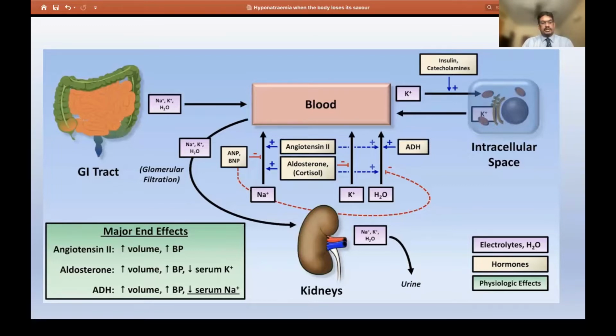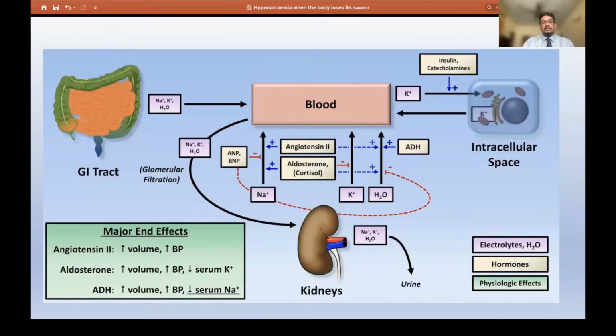And you see that angiotensin 2 and aldosterone also act in the same direction. So angiotensin 2, aldosterone, cortisol included, all act in the same direction. Therefore, it's essential that we know that this system goes in one direction.